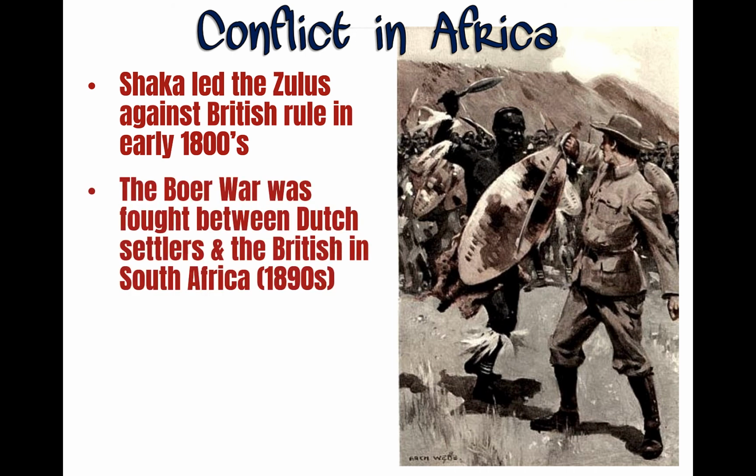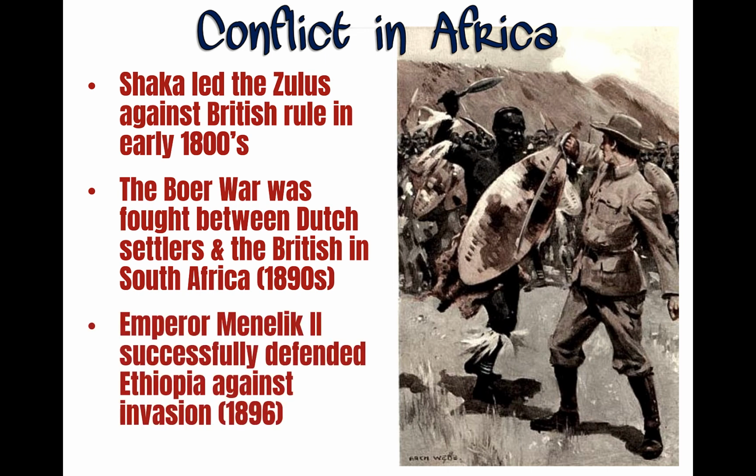The Boer War was fought between Dutch settlers and the British in South Africa in the 1890s. The British wanted control of South Africa, and as you know from me talking before, they did win that control. Emperor Menelik II, however, did successfully defend Ethiopia against invasion in 1896.